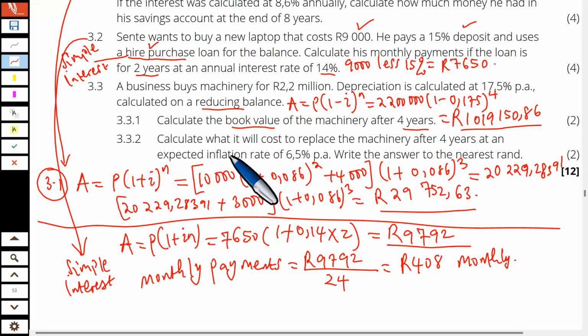We need to calculate what it will cost to replace the machinery after 4 years at an expected inflation rate of 6.5% per annum. Write your answer to the nearest rand. I'm expecting you to try the question and tell us what we get.